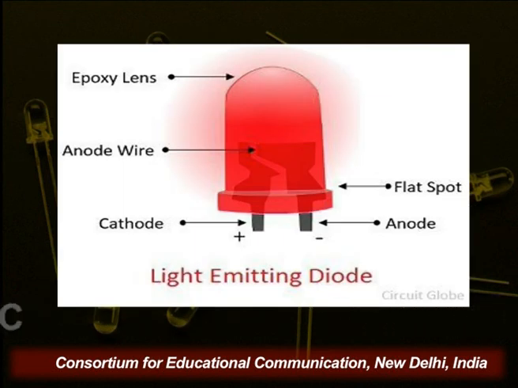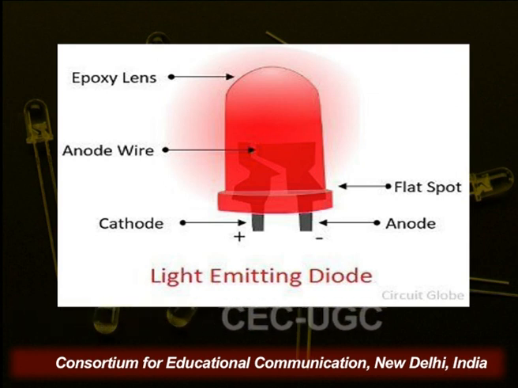So this is the LED, the light emitting diode. You always see this type of LED in any instrument. As we use the voltmeter or ammeter, a red light blinks, and that is the diode, that is the LED.